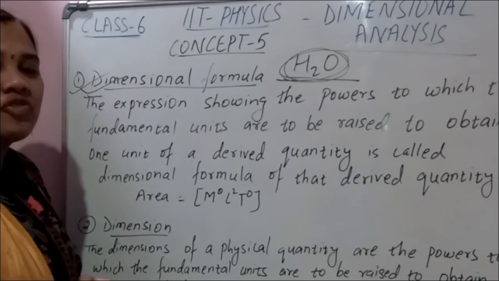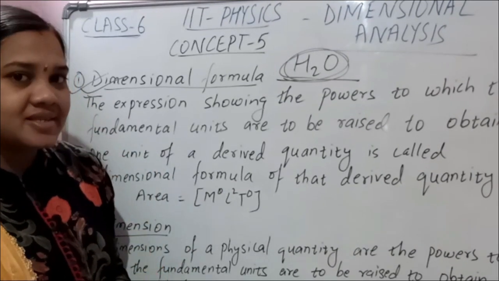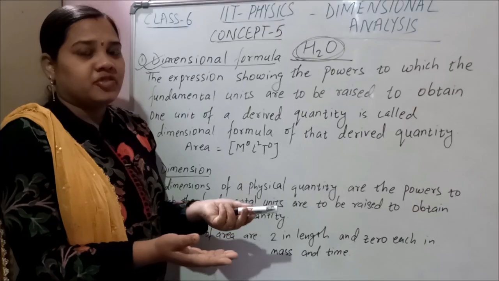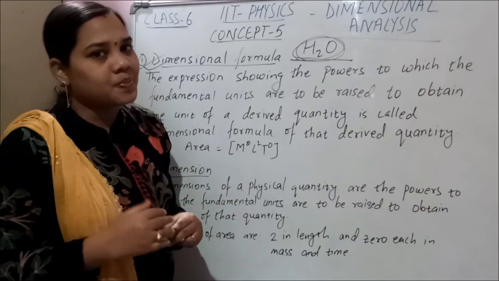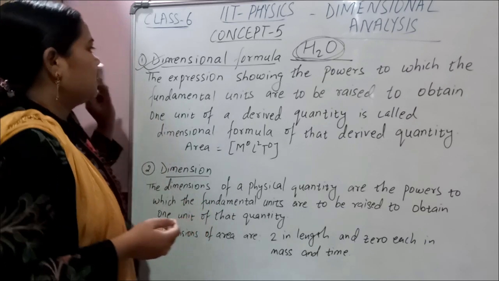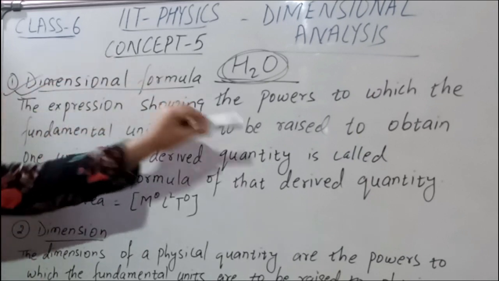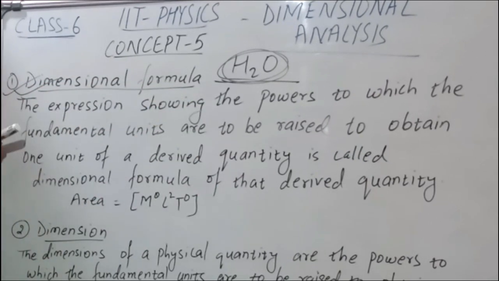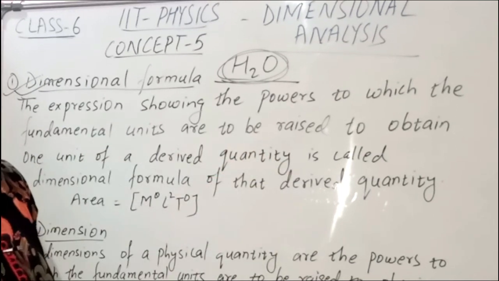The dimensional formula of 1 unit of a derived quantity says which fundamental units are there, and by how much power each is raised. Clear? What is a dimensional formula? The expression showing the powers to which fundamental units are to be raised to obtain 1 unit of a derived quantity is called the dimensional formula of that derived quantity.